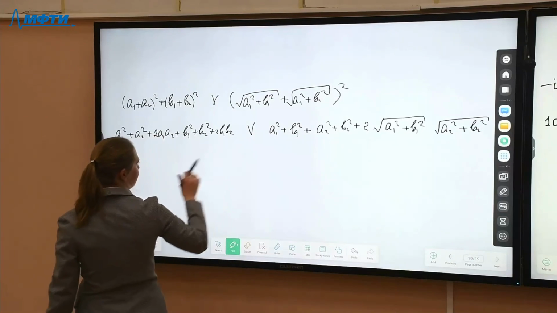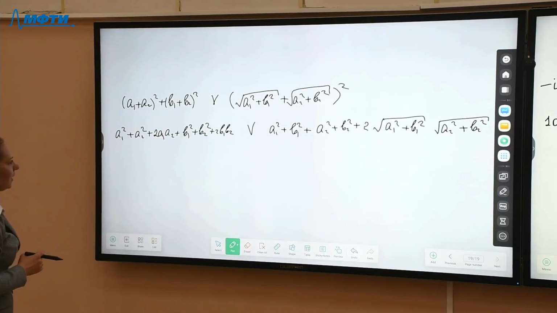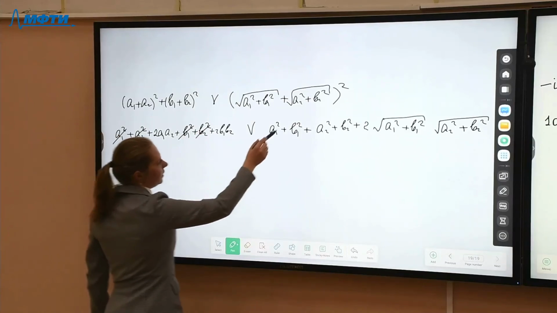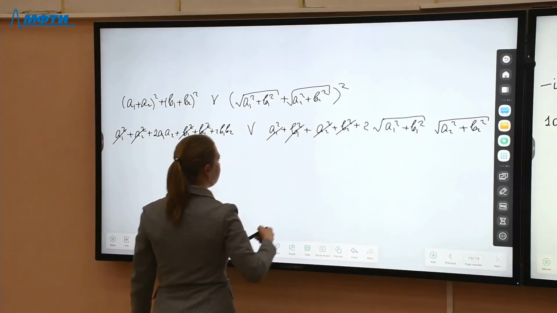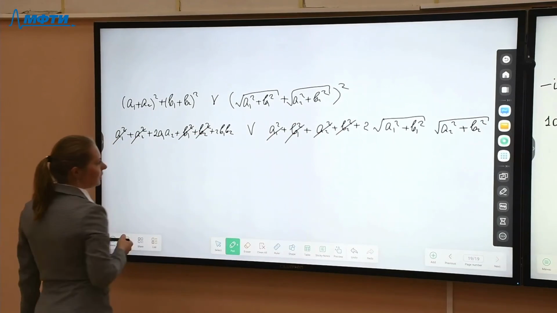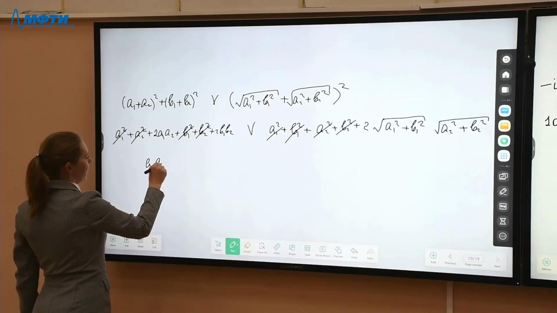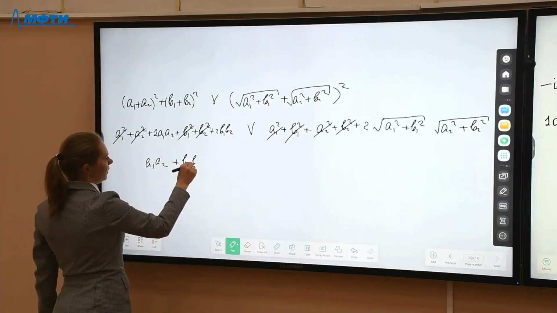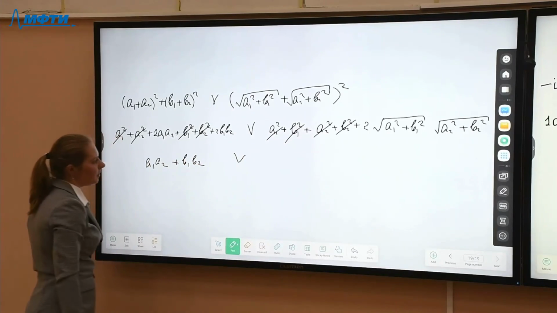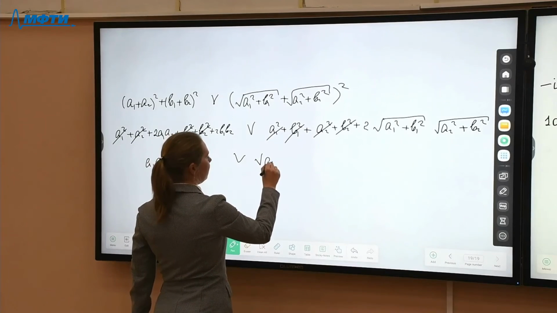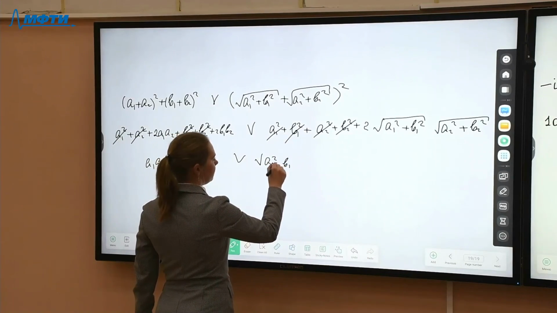Again, we need to compare these two things. First of all, we can notice that we can cancel all squares: a1, a2, b1, b2. And also we have 2 in everything. So we have a1 a2 plus b1 b2, and we want to compare this value with the product of two square roots.